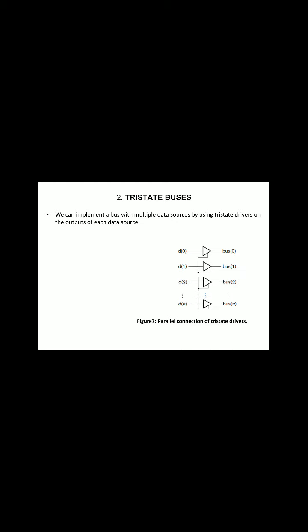We'll have n tri-state buffers, d0 to dn. In order to pass the data from input to output, the control signal should be common. So we will connect a common enable signal, then only the data will be passing.